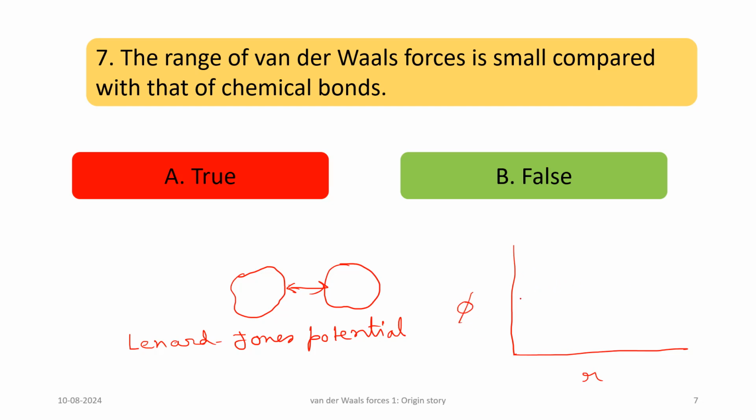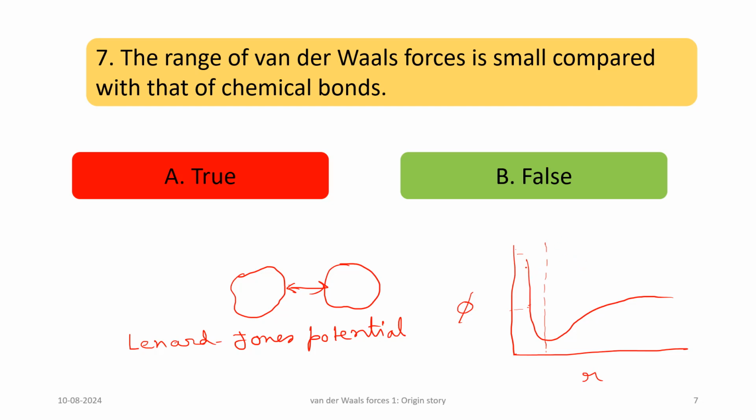So what it says is that the curve goes like this. When the two particle distance is very small, when the particles are in this region, they experience some kind of repulsion.